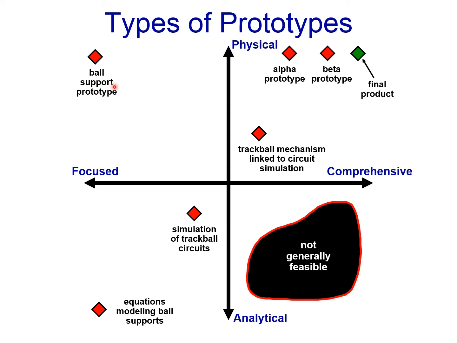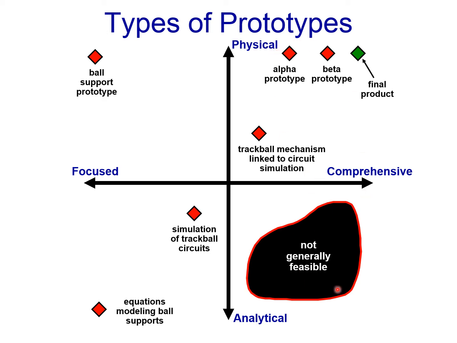In contrast, a system of equations can be developed to model the behavior of the trackball support. Somewhere in between, which is less abstract and somewhat more physical, is the use of a simulation model for the trackball support.